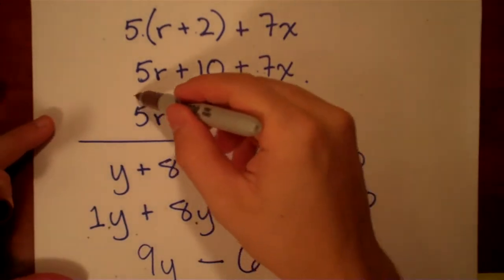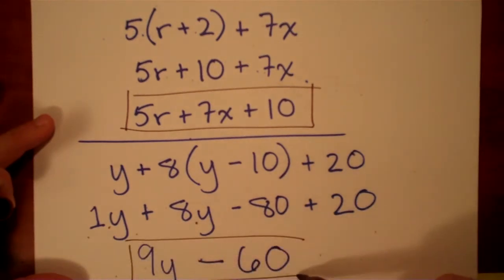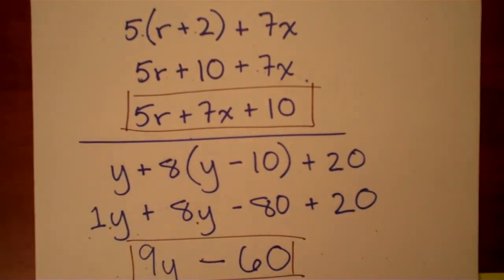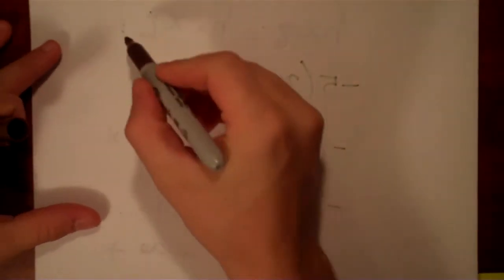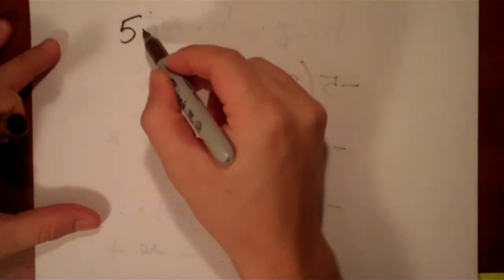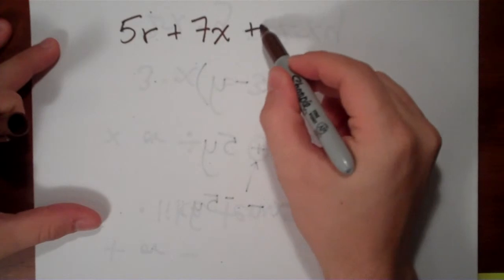Now, let's take these two expressions and evaluate them. The back side tells us that we had 5r plus 7x plus 10.